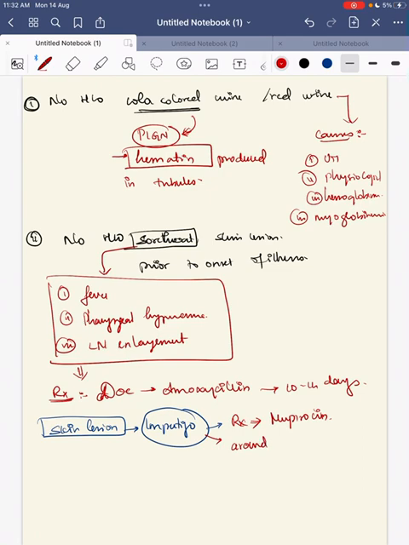Suppose the impetigo involves the face, around the nose and mouth, the dangerous area of the face, then you will give systemic antibiotics. What is the drug of choice for the systemic antibiotic? It is oral cephalexin. So these can be the possible questions that can be asked.